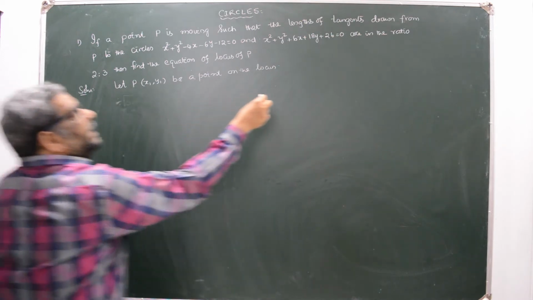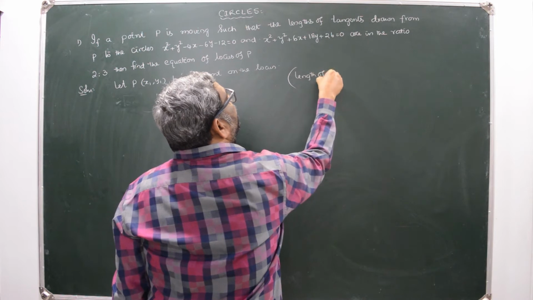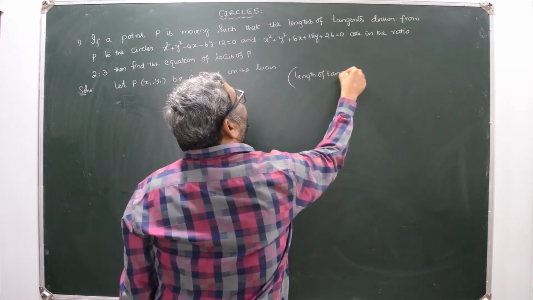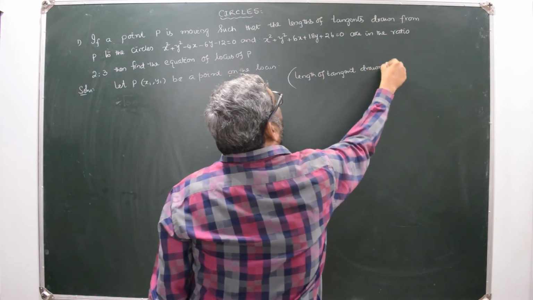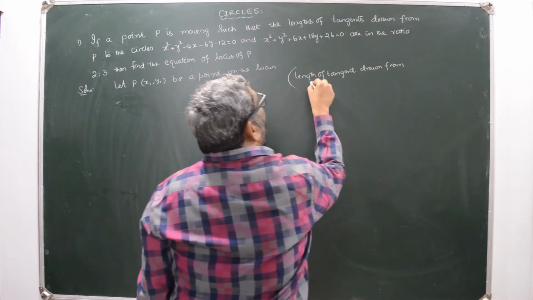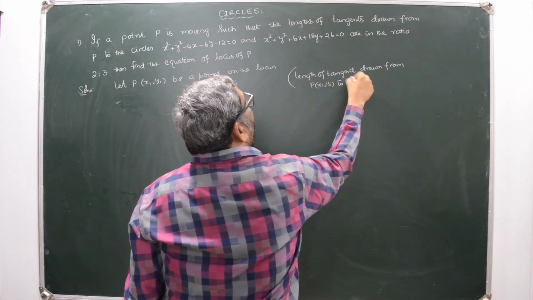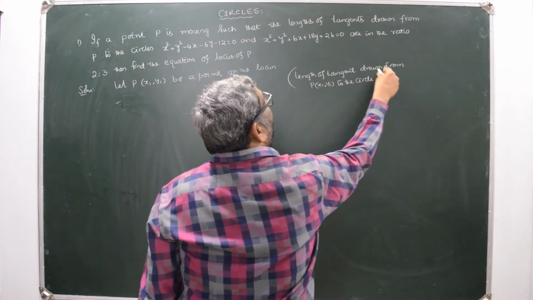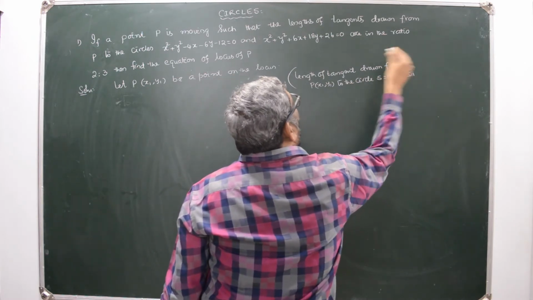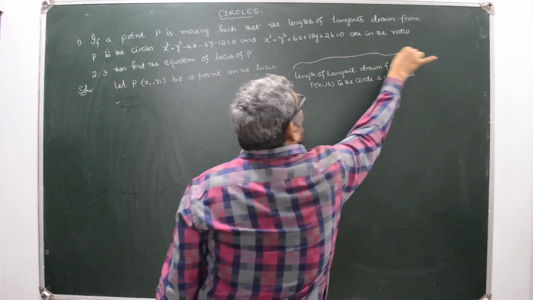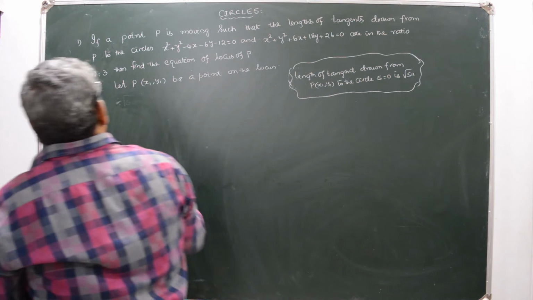The length of the tangent drawn from P(x1, y1) to the circle S equal to 0 is root S11. This is one formula, so we'll make use of this formula here.